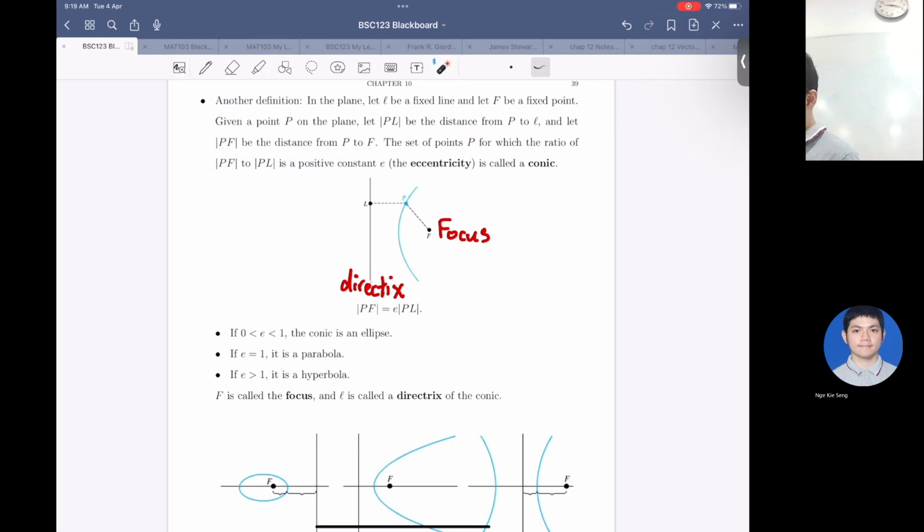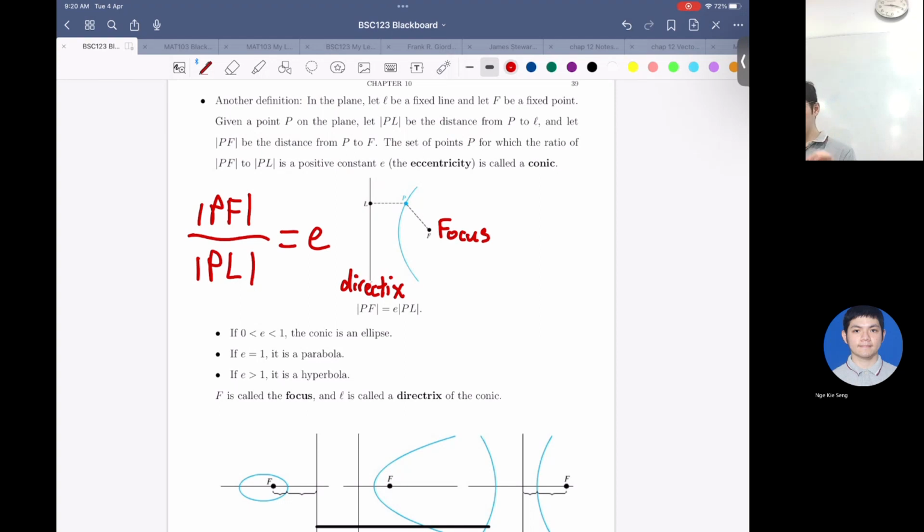So if we take PF to the focal point, divided by the distance to the directrix, then it forms a ratio. This ratio is always constant. So the matter is, what does this ratio equal to?